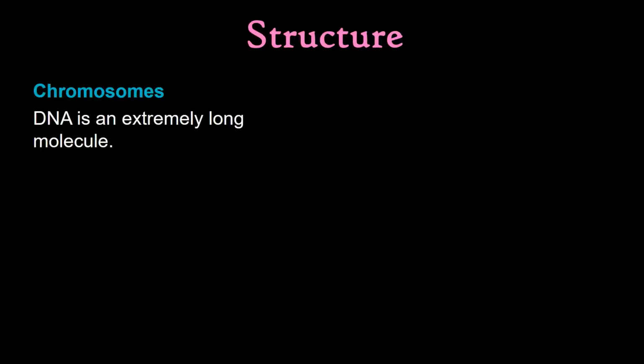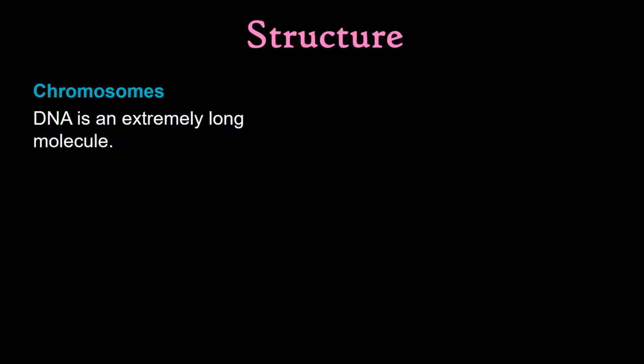DNA, because it's carrying so much code, is an extremely long molecule. To give you an idea of how long it is, each of your cells has about a meter of DNA in each cell. Now, that seems like quite a lot, considering that our cells are microscopic.